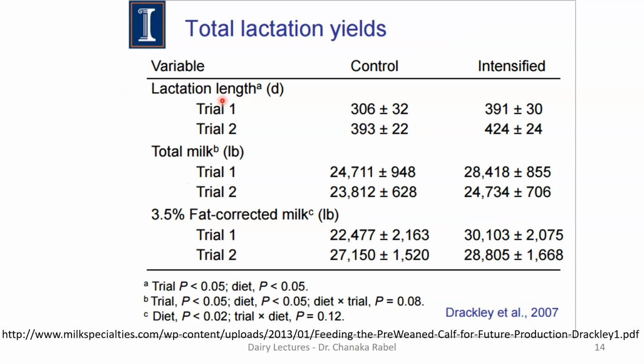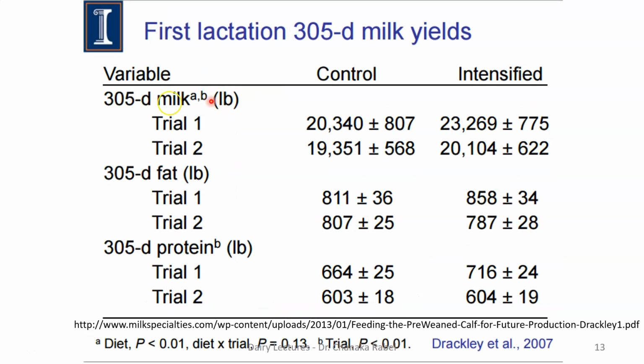Different animals will lactate different lengths depending on management, depending on when they get pregnant, depending on the nutrition level and so on. But for us to be able to compare different animals that lactate at different lengths of time, we talk about something called the 305-day twice a day milk equivalent, right?